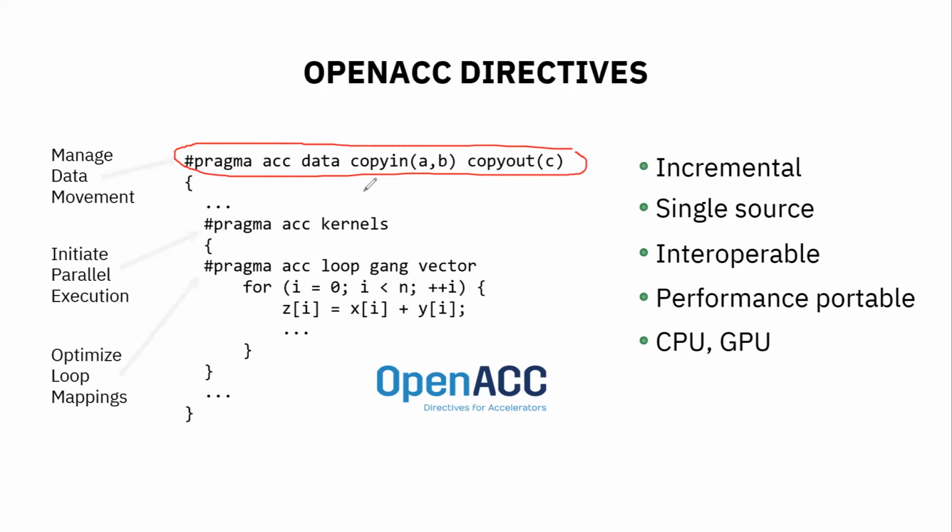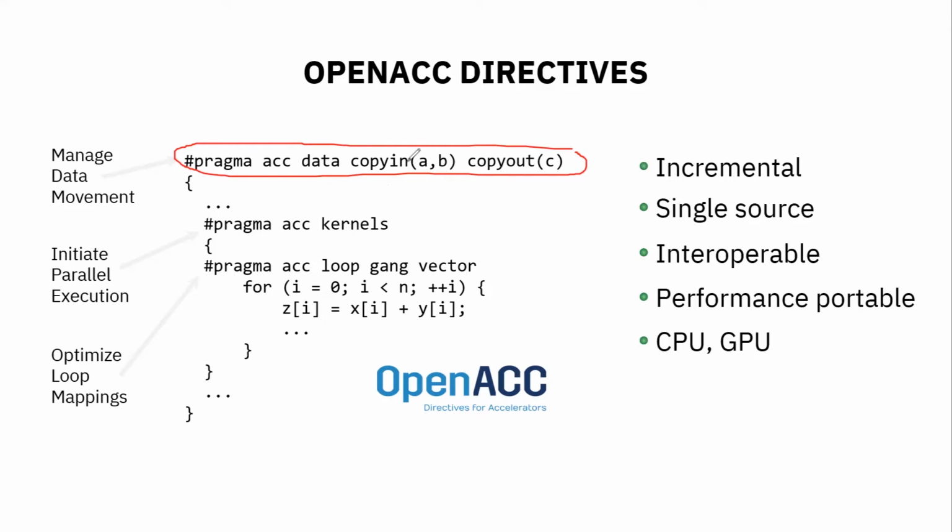We say that on the following kernel, we have to copy the data from A and B, and that will move back C. So if you don't put that pragma, both A, B, and C would be copied in and back, but you don't need to move an empty array to the GPU first, and you don't need to have the answer back.